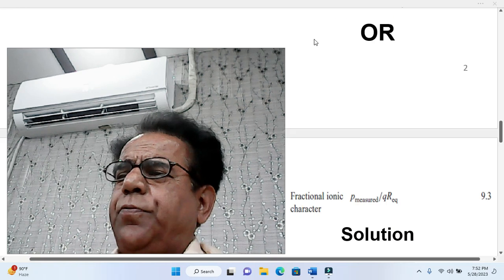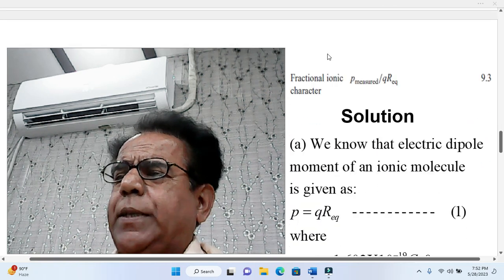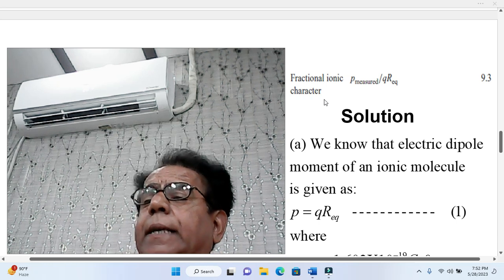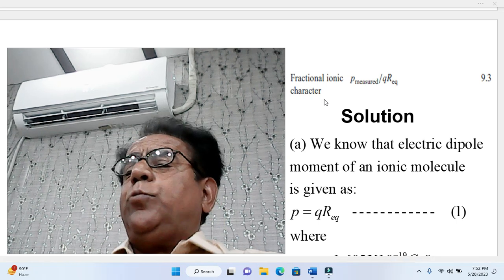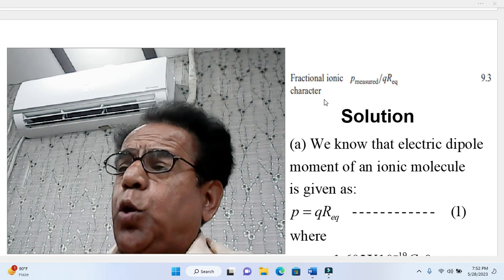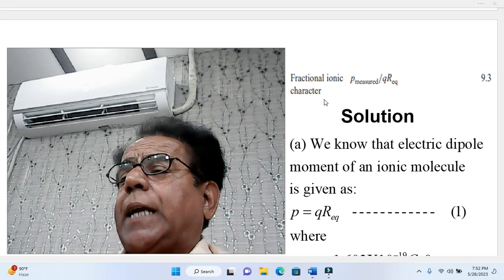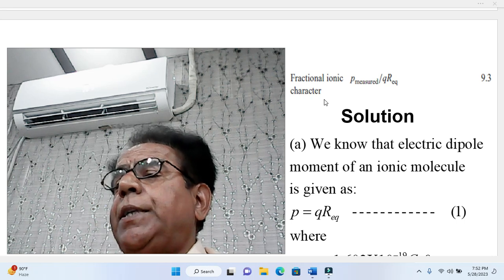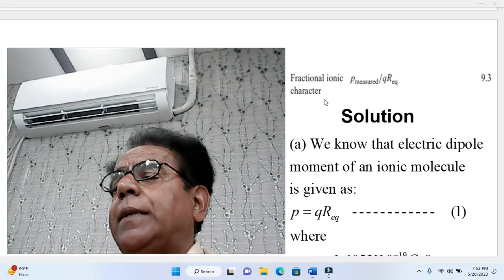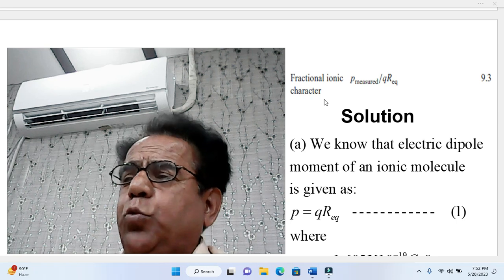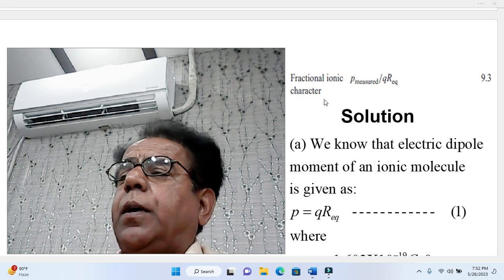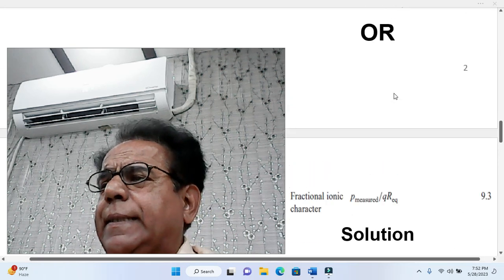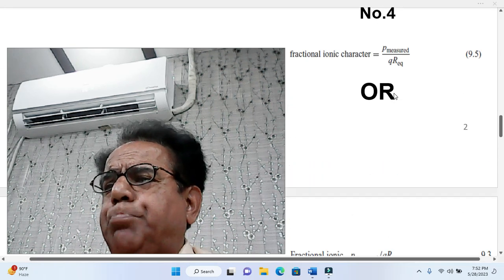So anyhow we move forward. Fractional ionic character P measured, that is to say electric dipole moment, divided by Q equilibrium separation, that is R_EQ, where EQ is written as a subscript of R. This is 9.3 and this is 9.5.